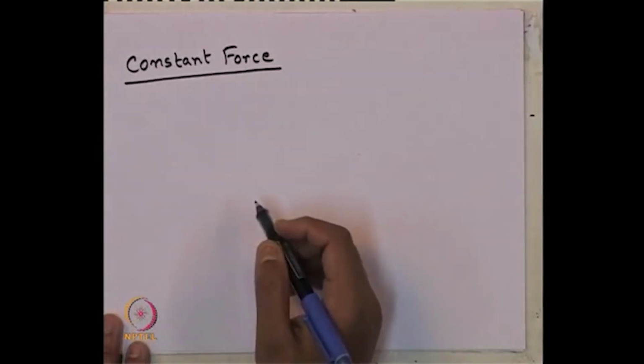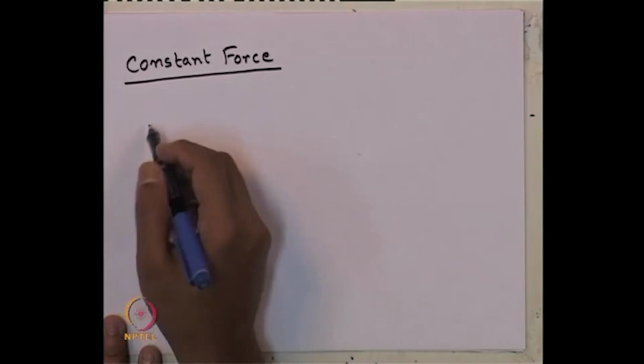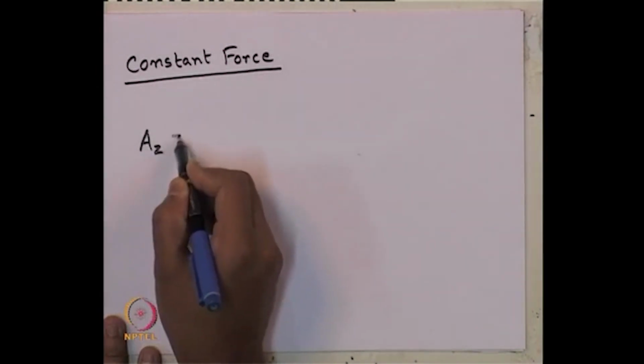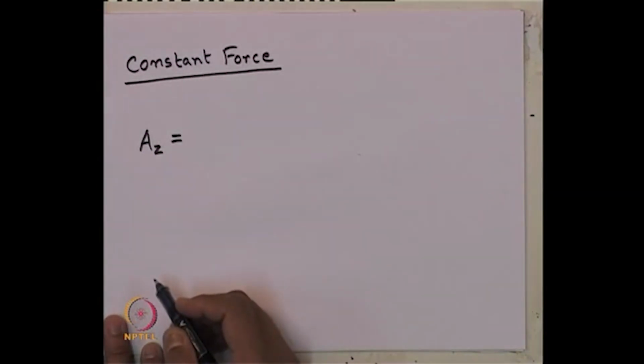In constant force type excitation, what is the expression for Az, the amplitude or maximum dynamic displacement in z direction?